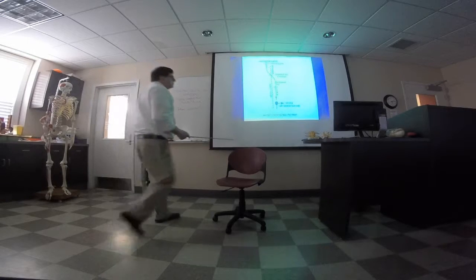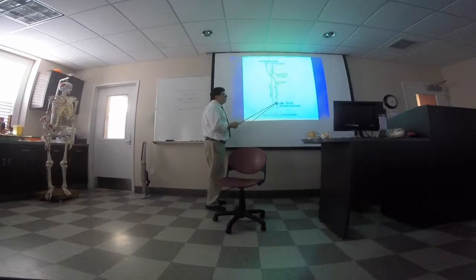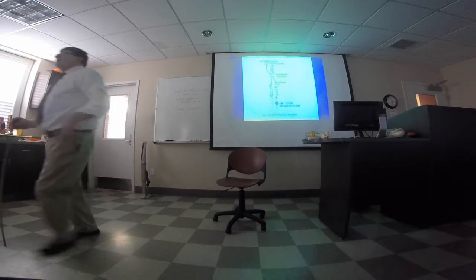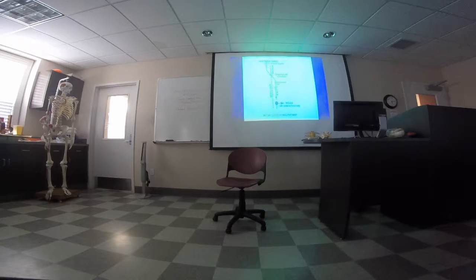Once they synapse, the lower motor neuron, which begins in the anterior gray horn, gives off axons which leave via the ventral root, join the spinal nerve, and these spinal nerves are going to participate in some type of plexus from which is going to emerge a peripheral nerve that's going to carry the axon to the muscle that's being innervated.